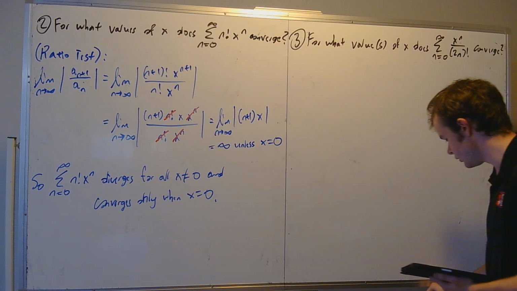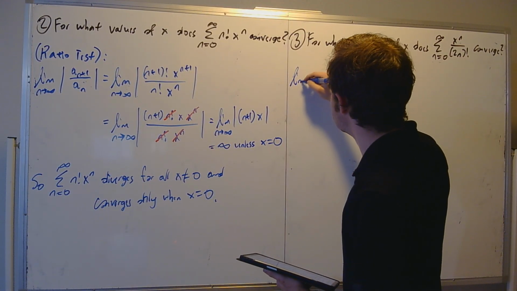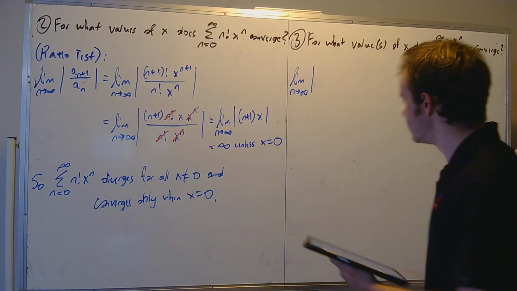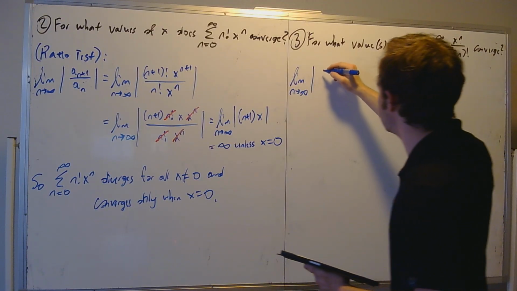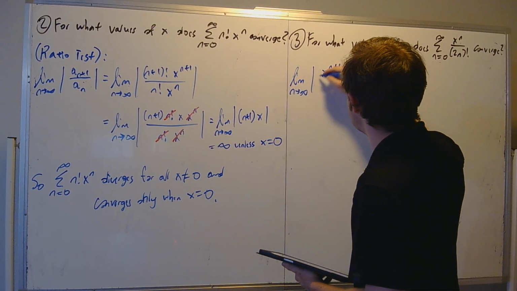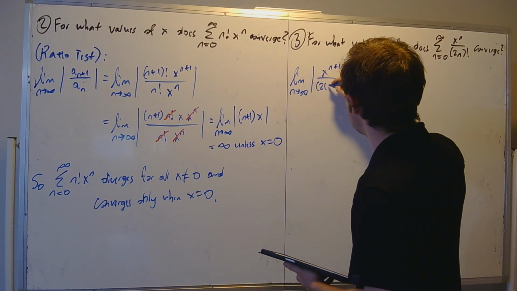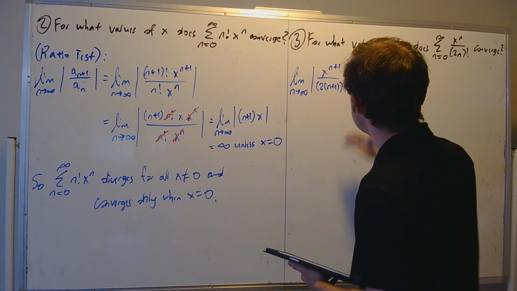So again, we're going to try to use the ratio test. So we're going to take the limit as n goes to infinity of the absolute value of a n plus 1 over a n. So here we plug in n plus 1, get x to the n plus 1 over, we're going to get 2 times n plus 1 factorial.